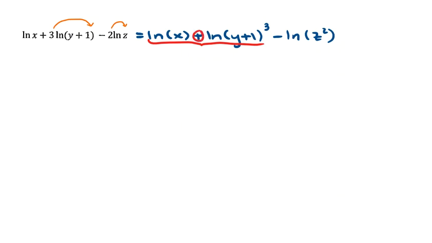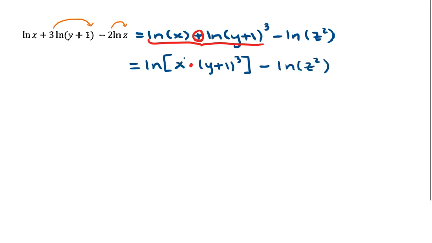You'll notice that it's addition between the two logs, so when we condense it, we'll write the natural log, open up brackets, and inside the brackets we'll take x times y plus 1 quantity cubed, and then minus the natural log of z squared. Keep in mind that we're multiplying the inside of the first log upon condensing because we were adding two logs to begin with.